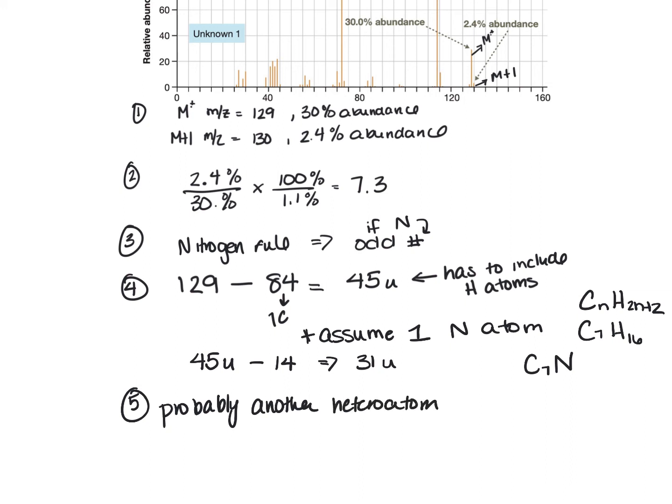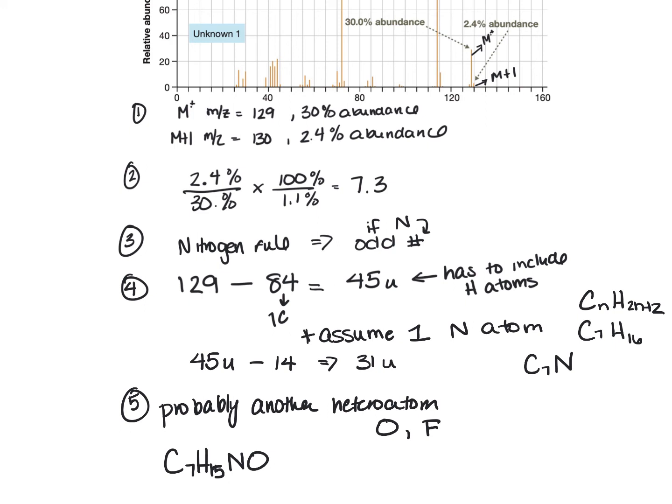We know we're going to have one nitrogen. We're not going to have two nitrogens because it's not an even molar mass. So we can conclude this is probably some sort of oxygen or fluorine. Good educated guesses would be C7H15 with the nitrogen and the oxygen.